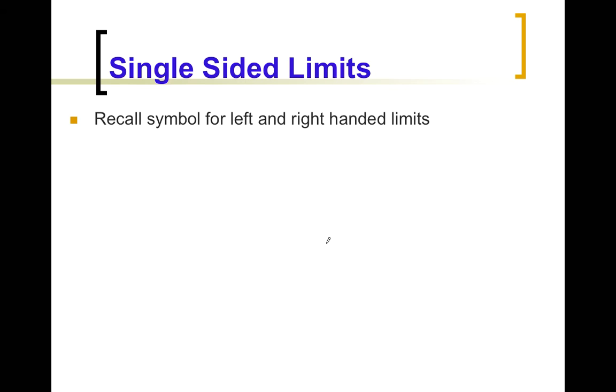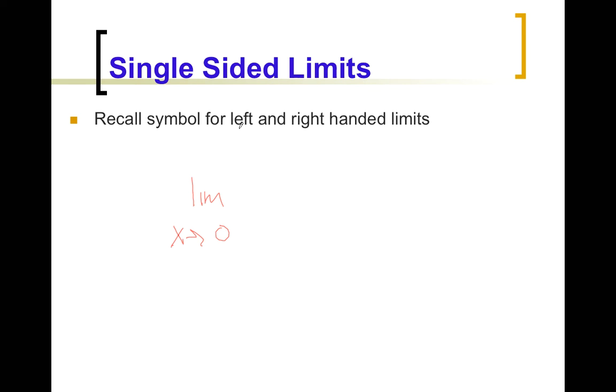What we need to do is actually define this. If I was to say, let's take the limit as x approaches 0, but I don't want to think of it as approaching 0 from both sides. I want to think about it as single-sided.